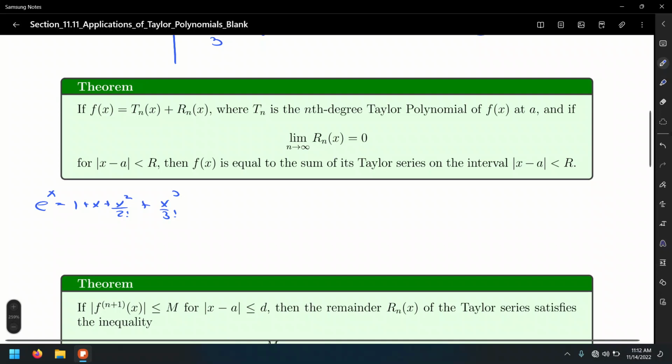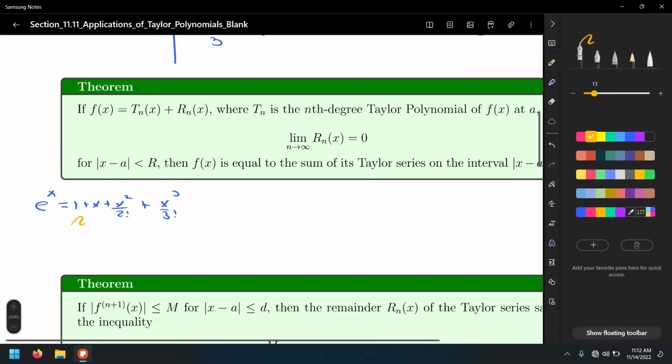Notice I'm not using the approximate symbol; I'm using the equal symbol because in this case we're taking into account P sub 3, which represents the Maclaurin expansion of degree 3.